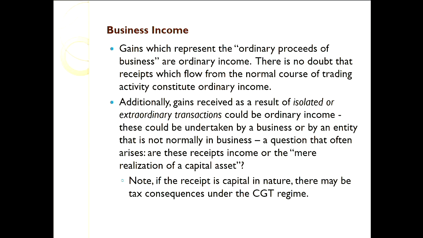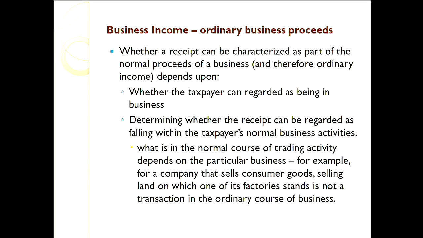So if we're talking about, and this is coming up in the next slide, right? If we're talking about a business where what it does is selling children's toys, for example, right? And it sells the land on which it has a factory which makes these children's toys, right?